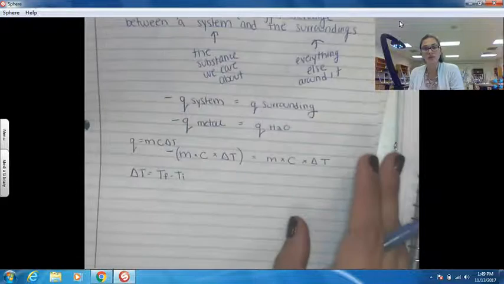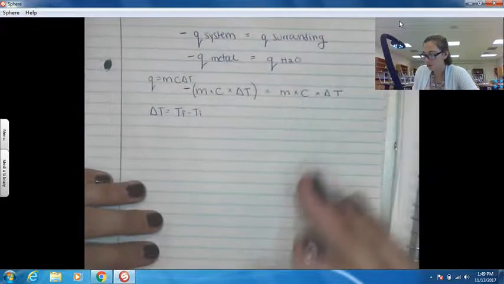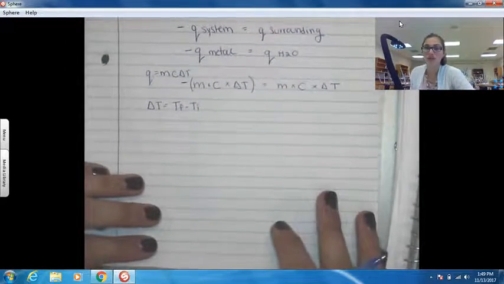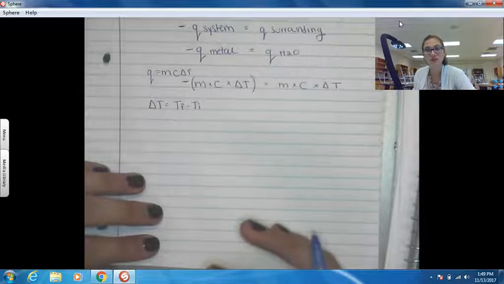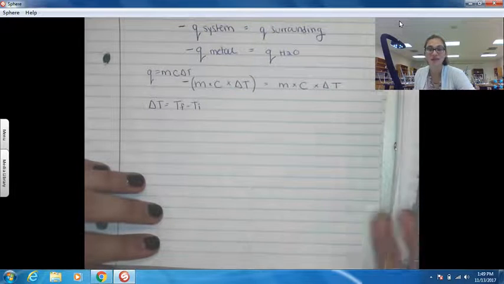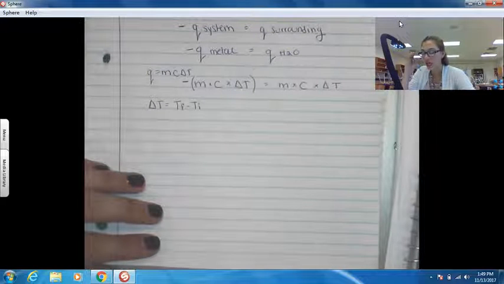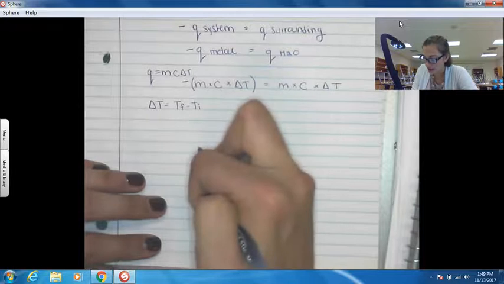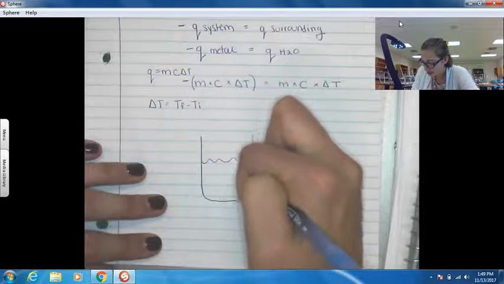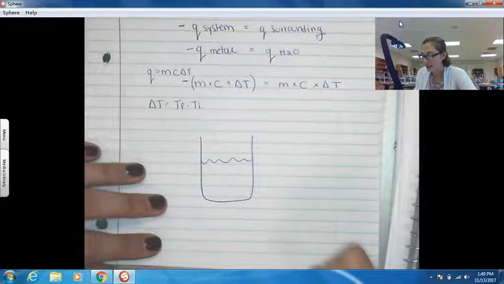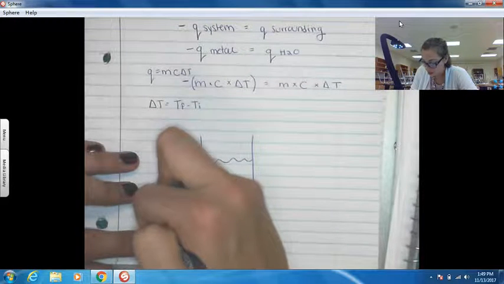Now, to make this make a little bit more sense, we are going to be dealing with coffee cup calorimeters, and it's something that is just used in chemistry classes because styrofoam cups are really good insulators. And so what we're going to talk about is we have a coffee cup that is filled with some mass of water, okay? And we need to know the mass of the water.